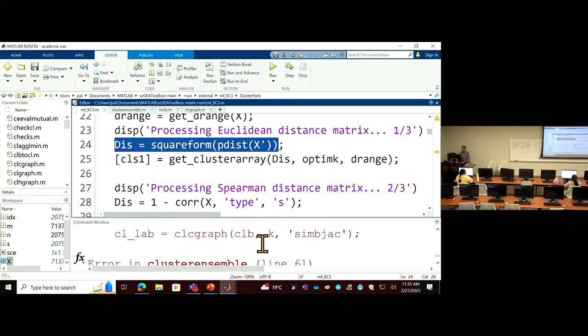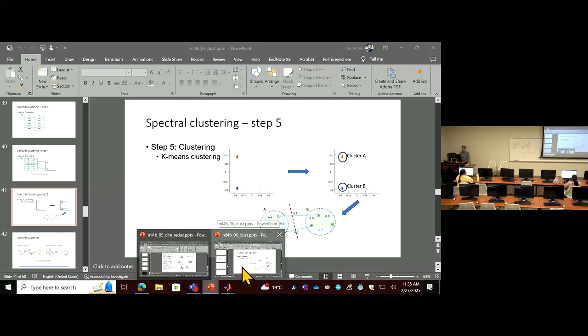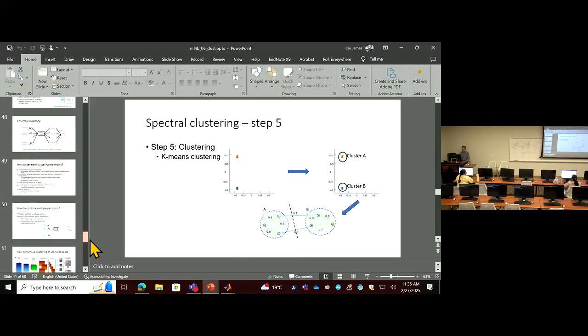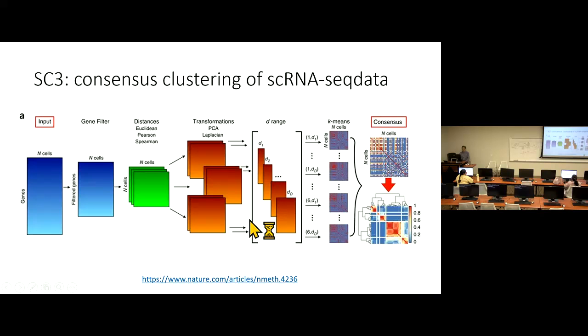That's between cells. If you come back to the pipeline of this paper, it is this step to compute the distance. The one we are doing is computing the Euclidean distance matrix.